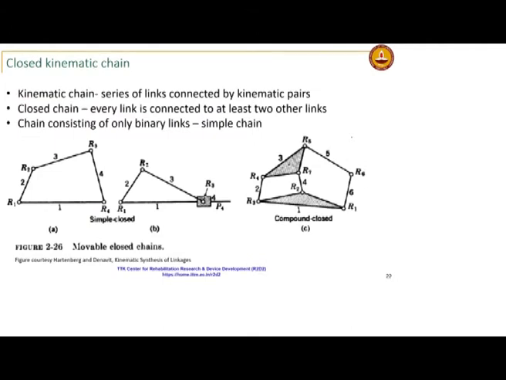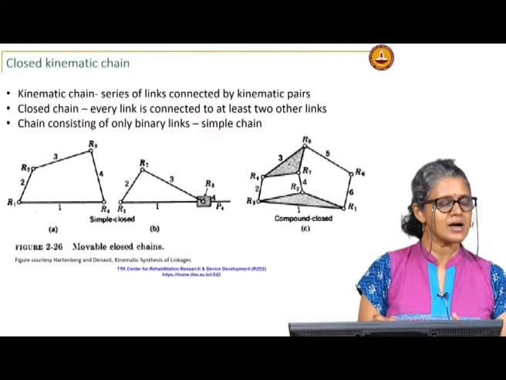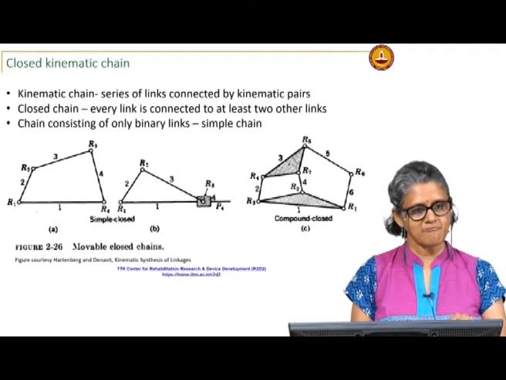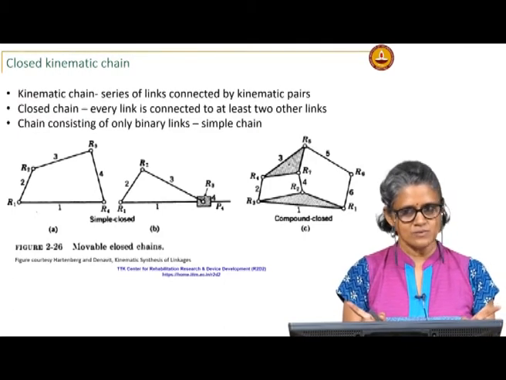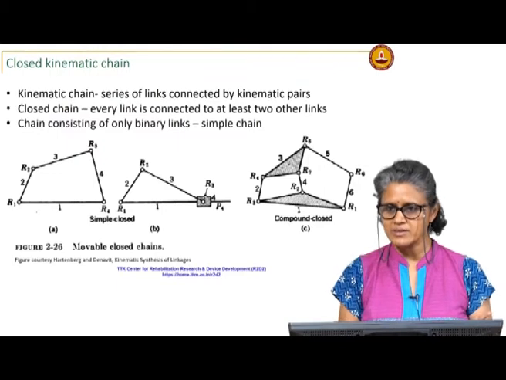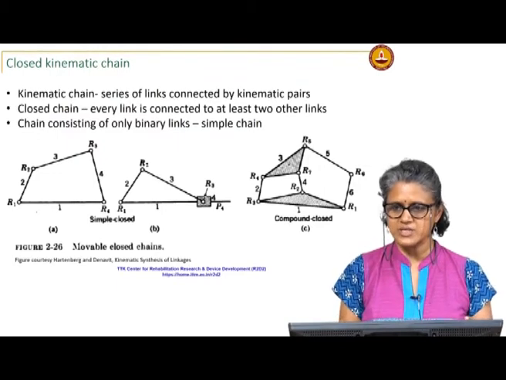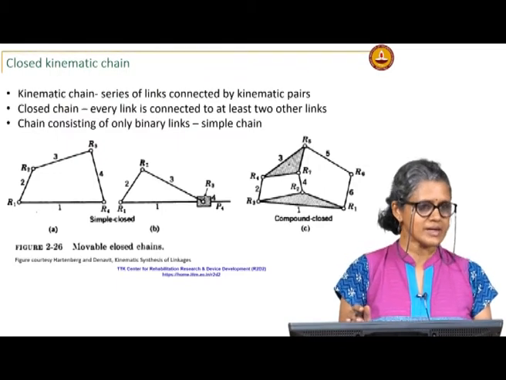Okay. So, basically kinematic chains are constructed by connecting links with kinematic pairs, and you could have an open kinematic chain or a closed kinematic chain. In a closed kinematic chain, every link will be connected to at least 2 other links. Okay, so there will be no singular link.